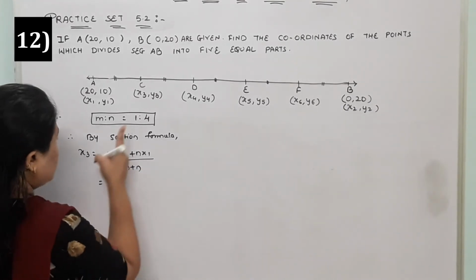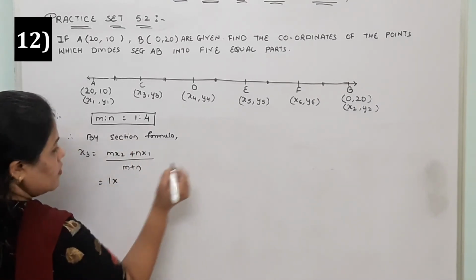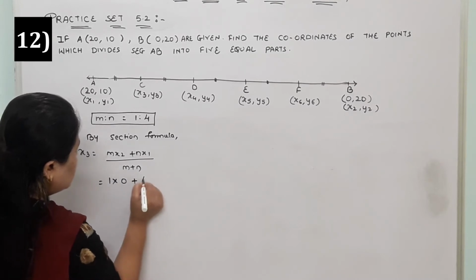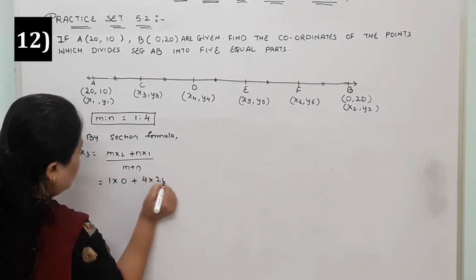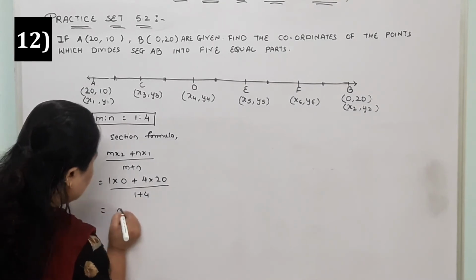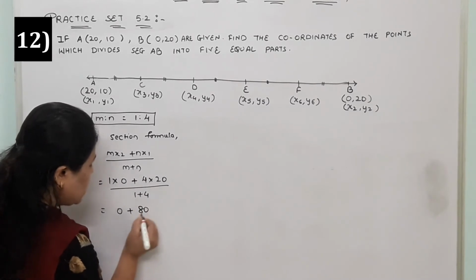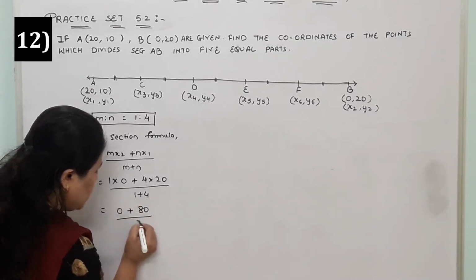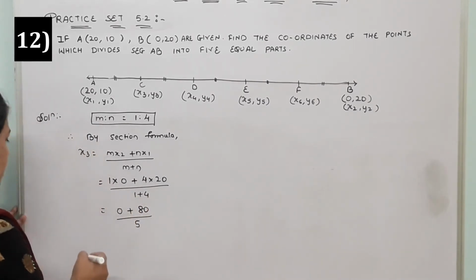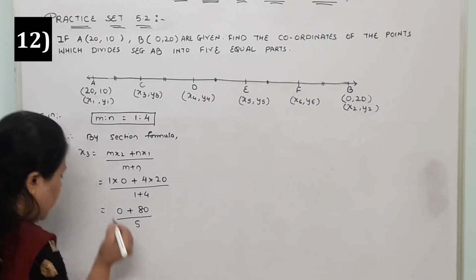So what is m? 1 into x2 is 0 plus 4 into 20 upon 1 plus 4. 1 zeros are 0 and 4 into 20 is 80 upon 4 plus 1 is 5. Okay. So here 80 when divided by 5, what you will get?